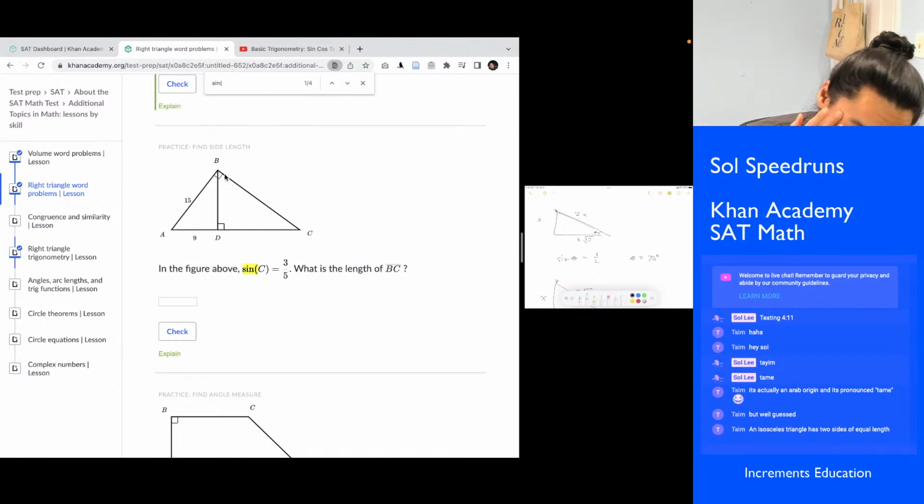What's the length of BC? Well, hang on, let me see. I don't see a relationship right now. Oh, 3, 4, 5 means that for 3, 4, 5 triangles, what's the actual angle?